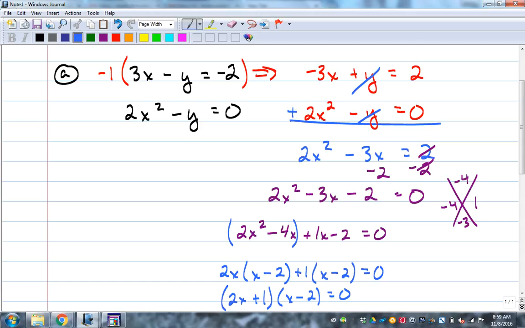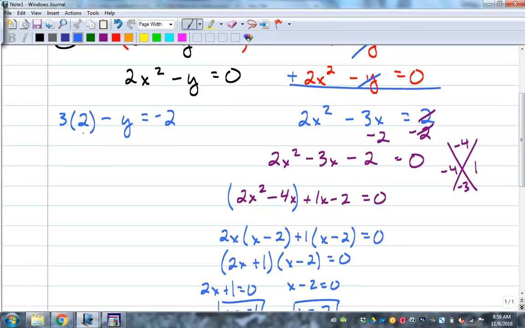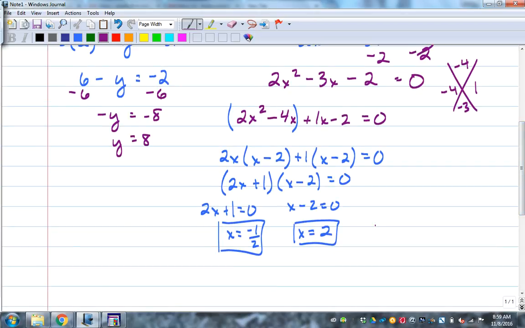So 3 times 2 minus y equals -2. So I'm plugging in the +2, trying to find the y value that goes with that. So that'd be 6 minus y, -2, subtract 6, negative y is equal to -8. That means y is equal to 8. So I get this ordered pair, 2, 8.